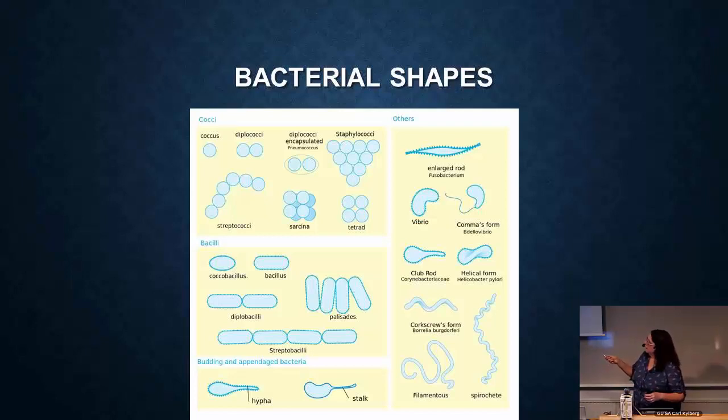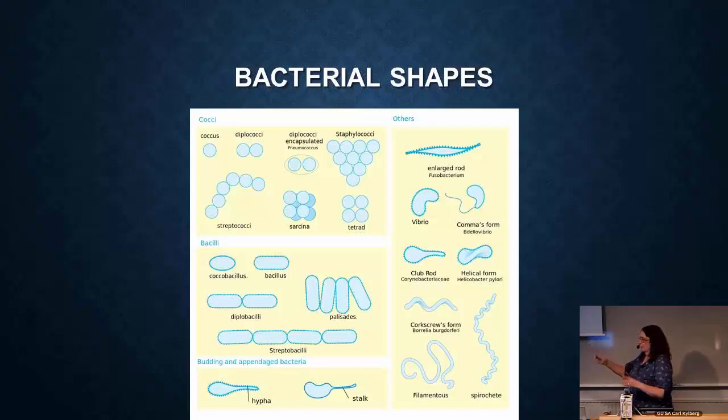These two classes, the cocci and the bacilli, are the most common. And then you got funny looking ones, let's put it that way. You have Vibrio, which look like a comma shape, so they're rounded like that. Then you have, if we look down here, some bacteria actually have an appendage on them known as a stalk.